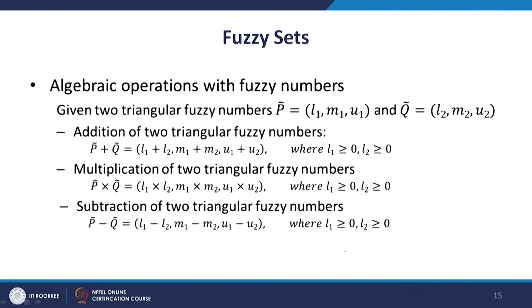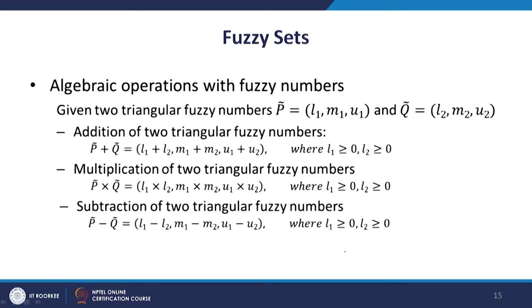Now, having understood how to define fuzzy numbers, let us discuss the algebraic operations. Let us assume we have been given two triangular fuzzy numbers: p tilde, defined using L1, M1 and U1, and q tilde, defined using L2, M2 and U2. Given these two triangular fuzzy numbers, how can fuzzy addition be performed?